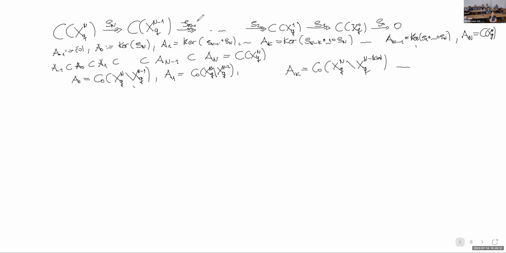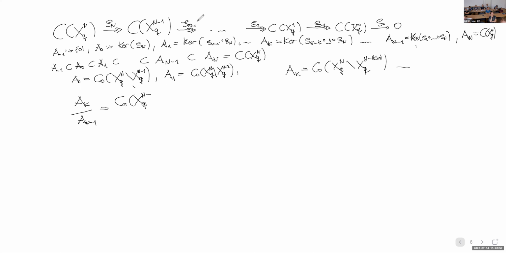So let's look at the quotient A k over A k minus 1. We take our intuition. X cube n means we take out k.